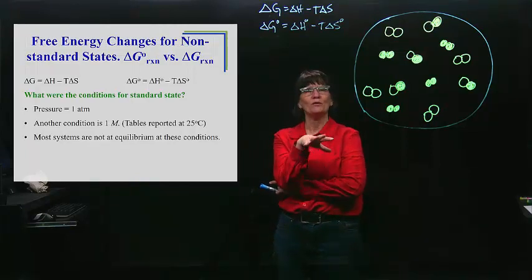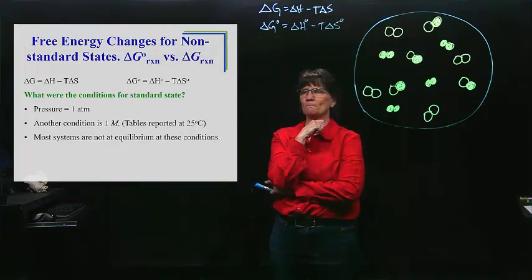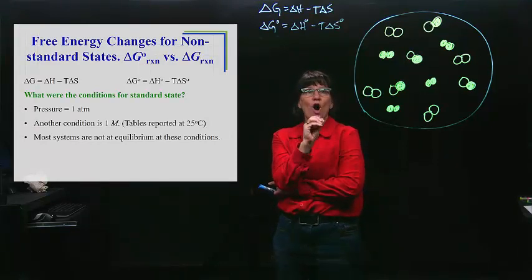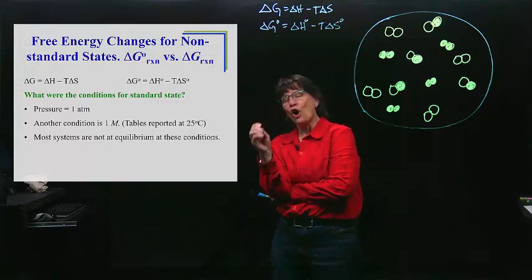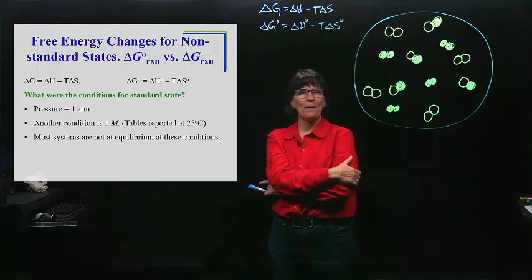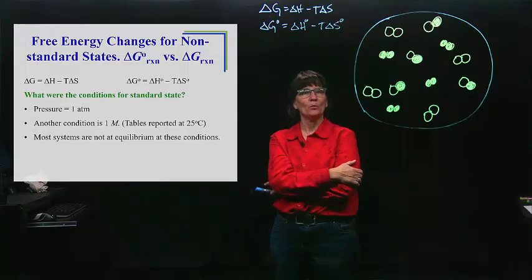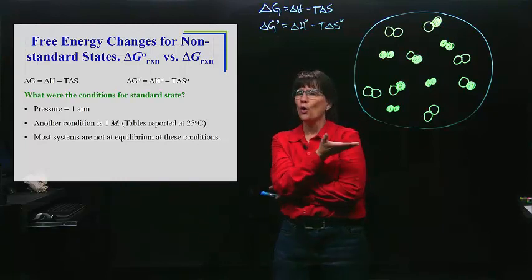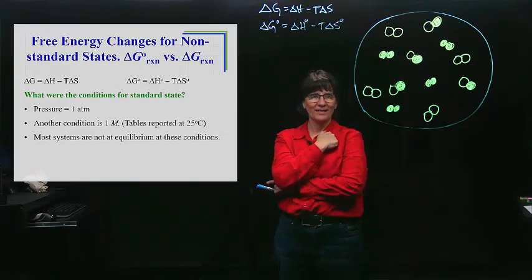That would be a very, very unusual situation. So the system under standard state conditions means all reactants and all products are already in there at 1 atmosphere, and we're going to be able to determine whether the reaction is going to go in the forward direction spontaneously or the reverse direction spontaneously.